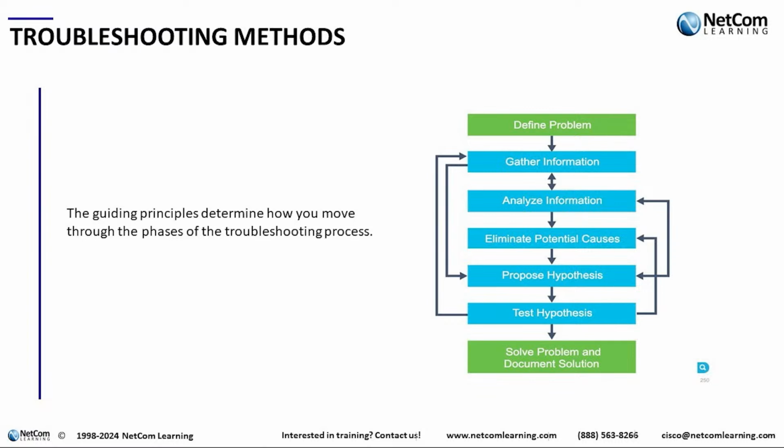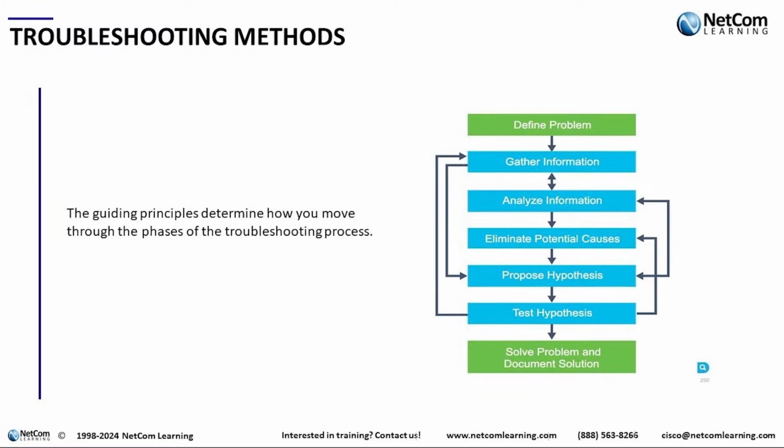So after gathering and analyzing information, eliminating the possible causes, one or more problem causes will still remain. The probability of each of these causes will have to be assessed to determine the most likely problem that caused this particular issue.